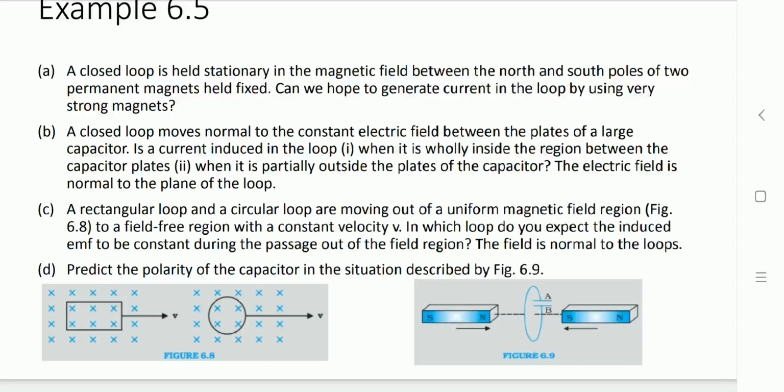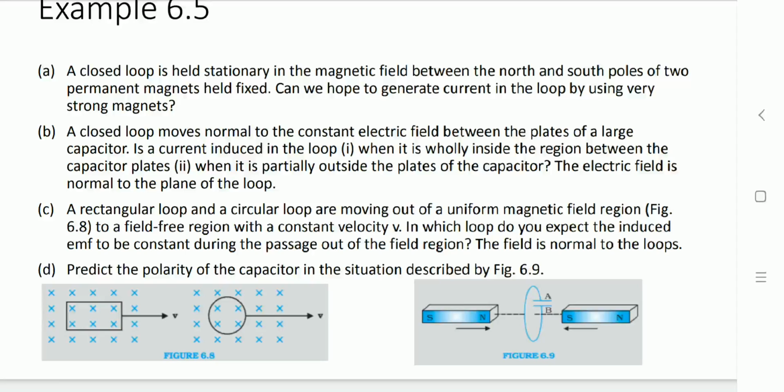Now the fourth one is to predict the polarity of the capacitor situated in figure 6.9. See, in 6.9, one capacitor with plates A and B is given with a closed path. Two bar magnets are shown. One is north-south towards the loop and the other south-north, again towards the loop, in the opposite direction. So we can observe in the diagram that in the second bar magnet, the south pole of the magnet is nearer to the loop.